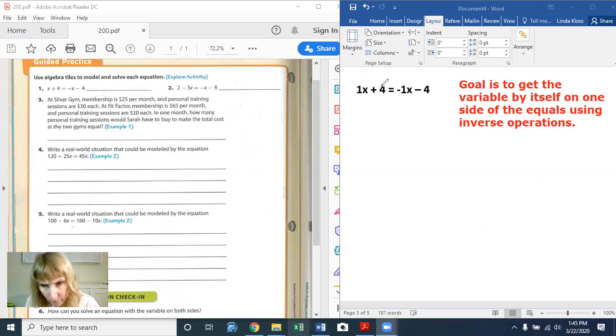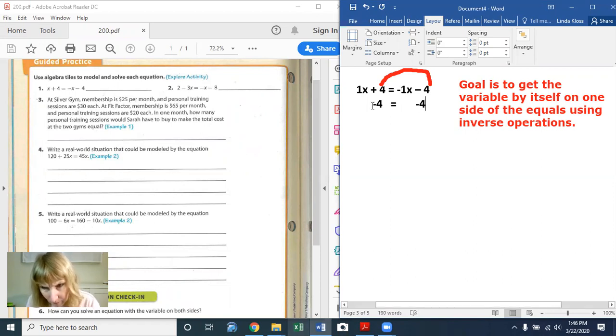I'm going to bring the 4 over to this side. How am I going to do that? Using inverse operations, yay!